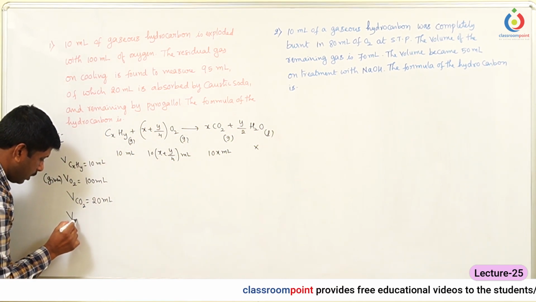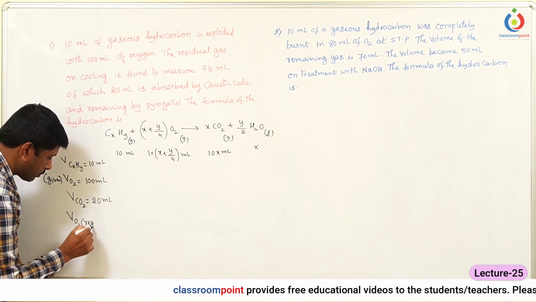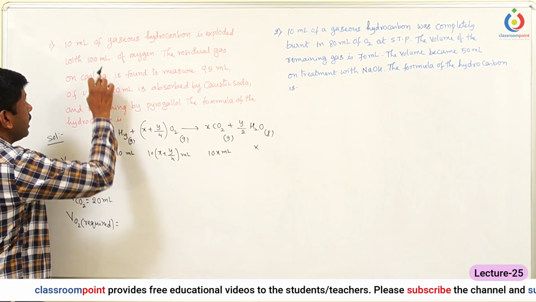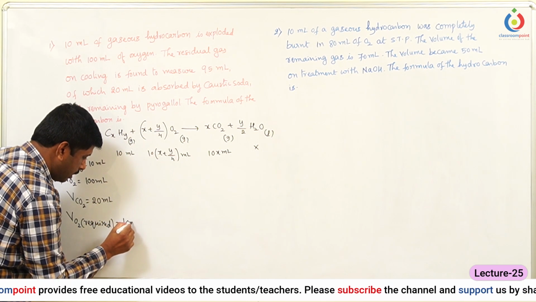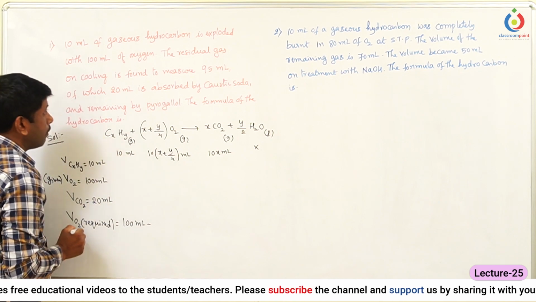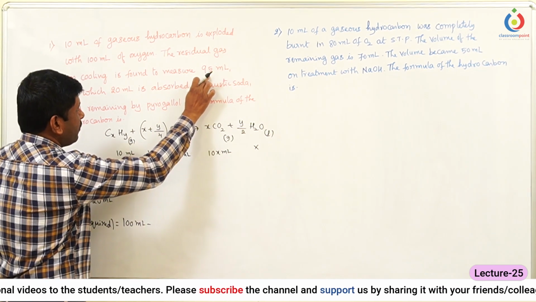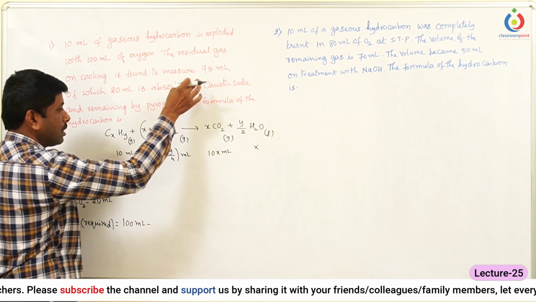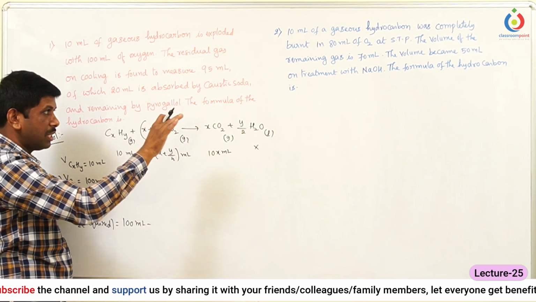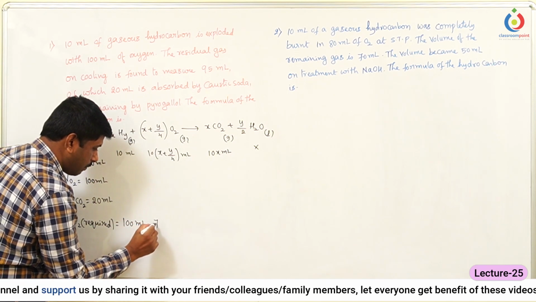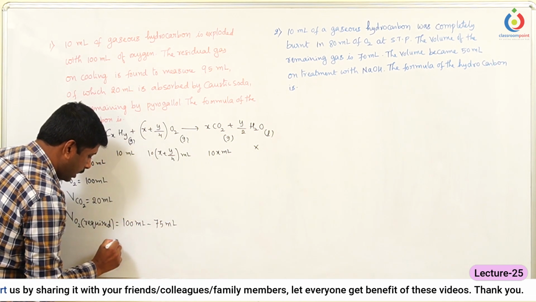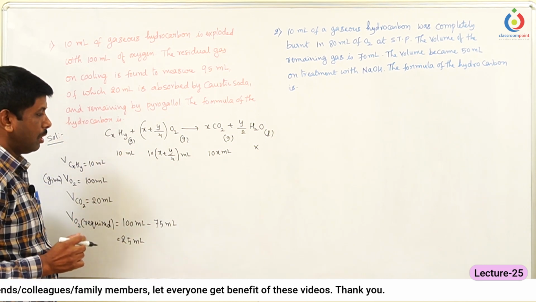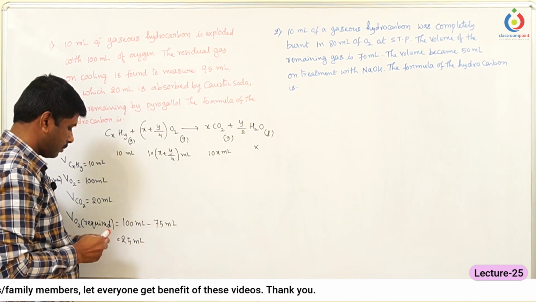So the volume of the oxygen required is equal to the initial volume we have taken, 100 ml, minus, out of 95 ml, 20 ml was absorbed, so only 75 ml of oxygen is still present in the final gaseous mixture. So 100 minus 75 ml gives 25 ml of the oxygen that was used. Now let us solve here.